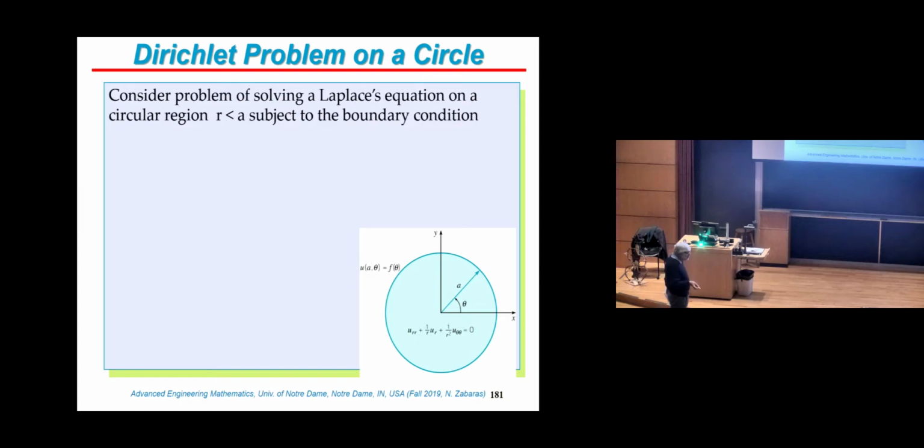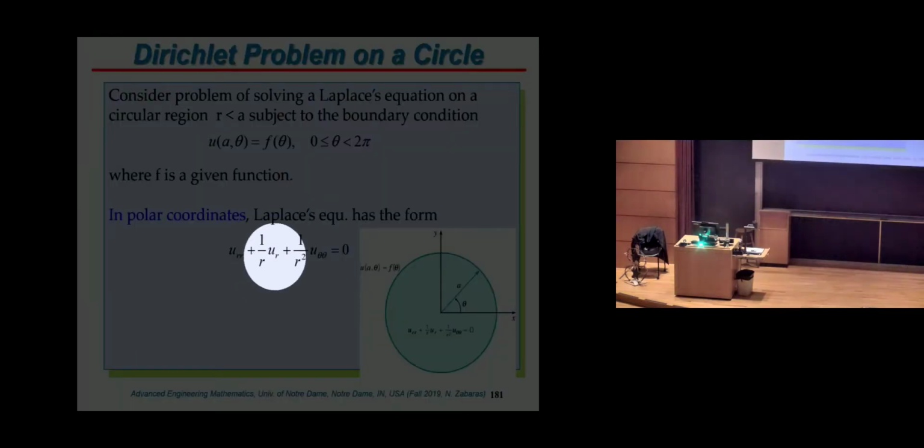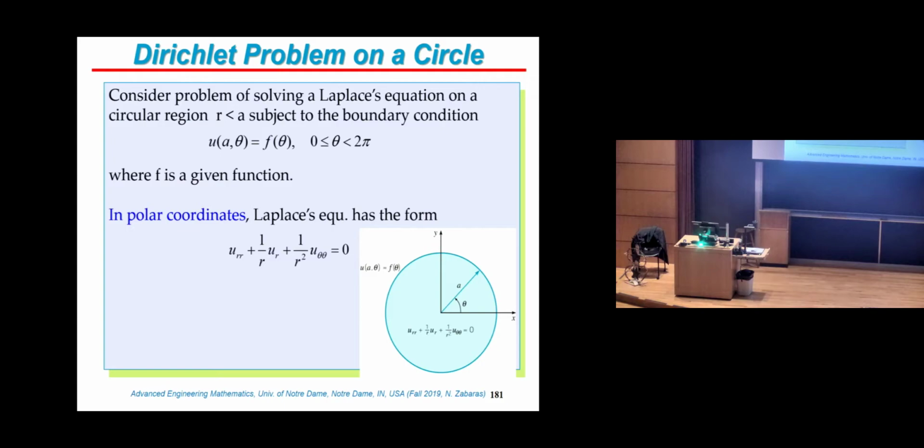It is as important as the Laplace equation in the x and y coordinates. So this is what we want to solve, the Laplace equation in a disk. We know that at r equal to a, the solution is f of theta. Effectively, we need to identify the eigenvalues and eigenfunctions for the Laplace equation in polar coordinates.